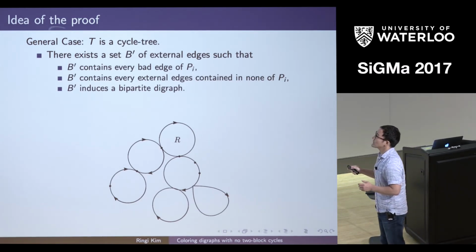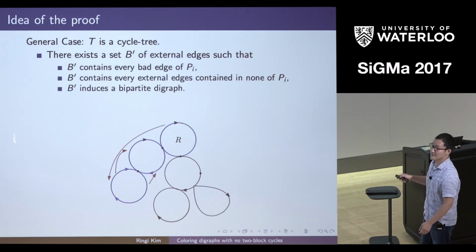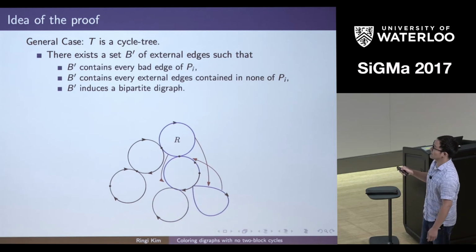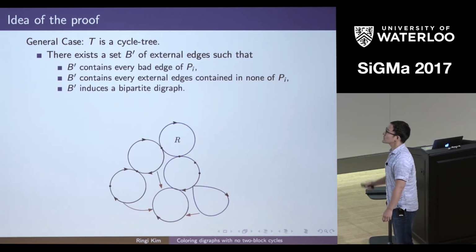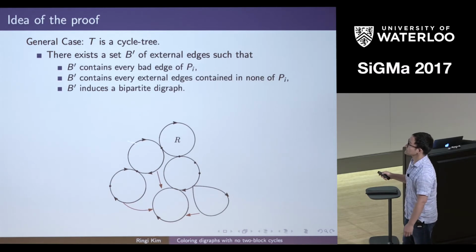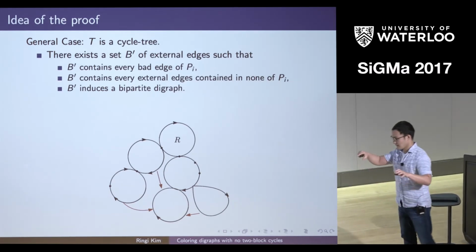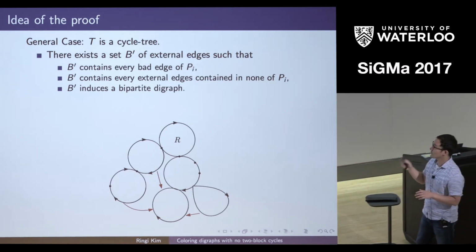And B prime contains every bad edge of Pi. So it contains every bad edge of this maximal cycle path, every bad edge of this cycle path, and every bad edge of this cycle path. And also, B prime contains every external edge not contained in the same maximal cycle path.